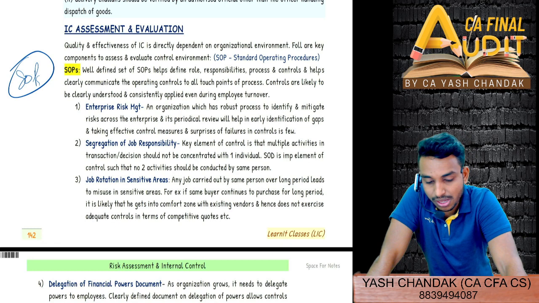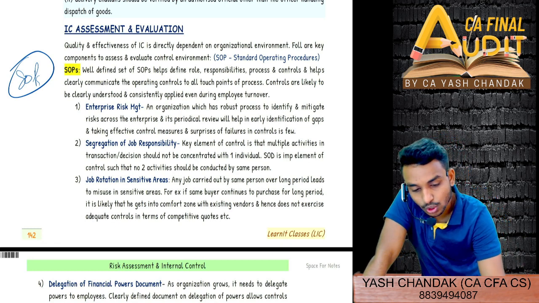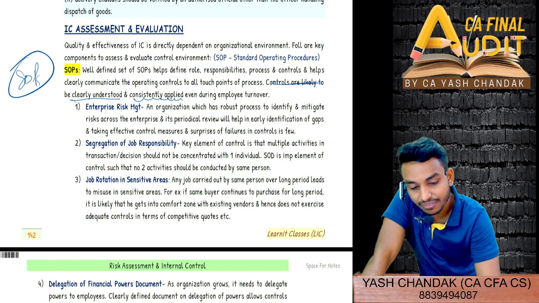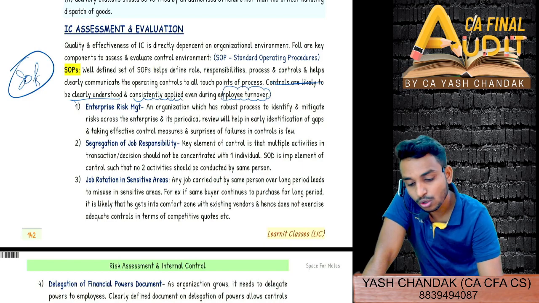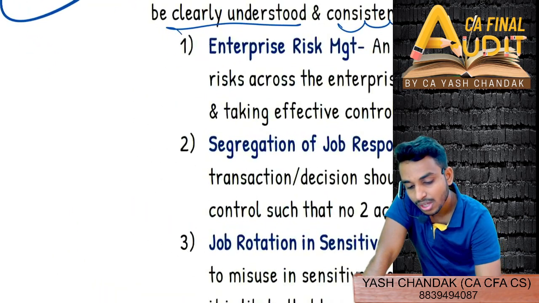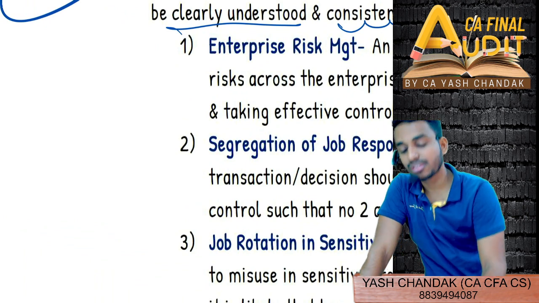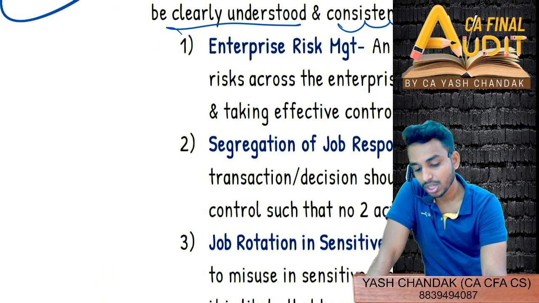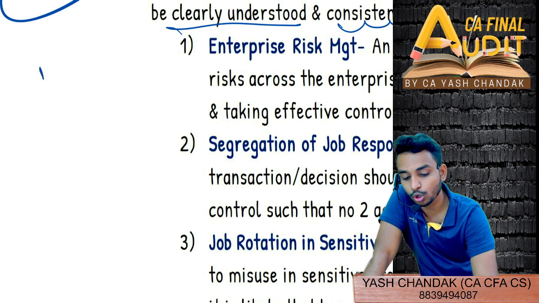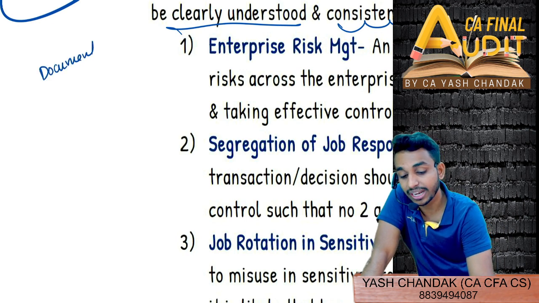So with SOPs, controls are likely to be clearly understood and consistently applied even during employee turnover. For example, suppose you joined some company and you will find documents that you need to go through, trainings that you need to go through, right?